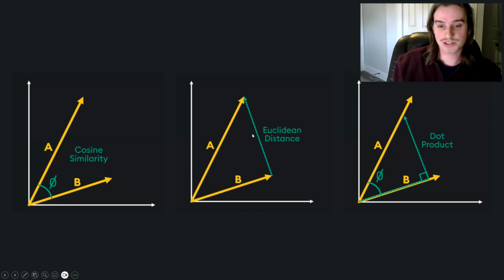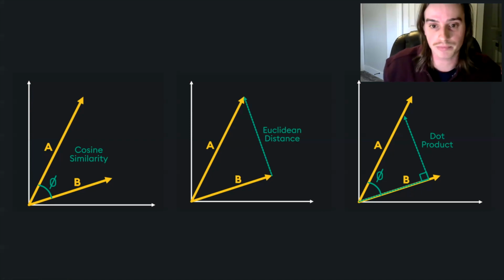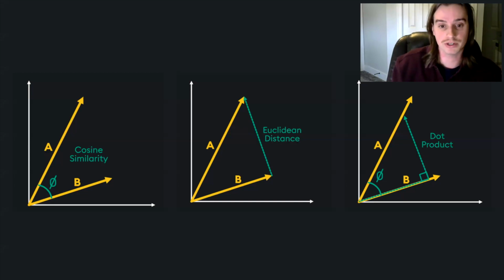The shorter the distance, the more related and similar they are. And then dot product takes a look at the angle as well as the magnitude. So all of these different methods could work well, or maybe one could work better than the other. It just all depends on the use case that you're trying out. So I recommend doing some experimentation as you get familiar with your data.